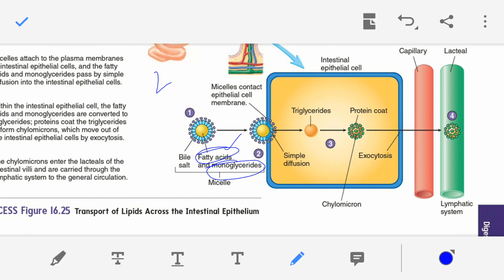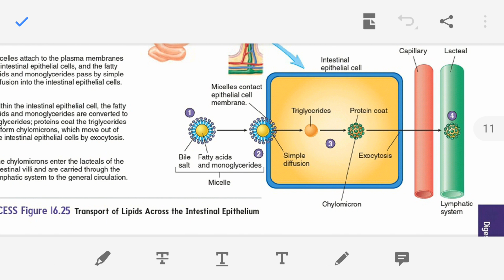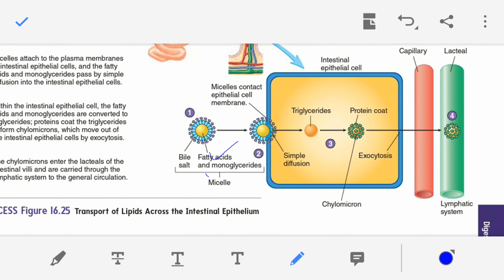Besides the fatty acid and monoglyceride, cholesterol is there, then lecithin is there. All of these are present in the lumen of the small intestine, and these digested products of lipid are covered by bile salt and micelle formation takes place.